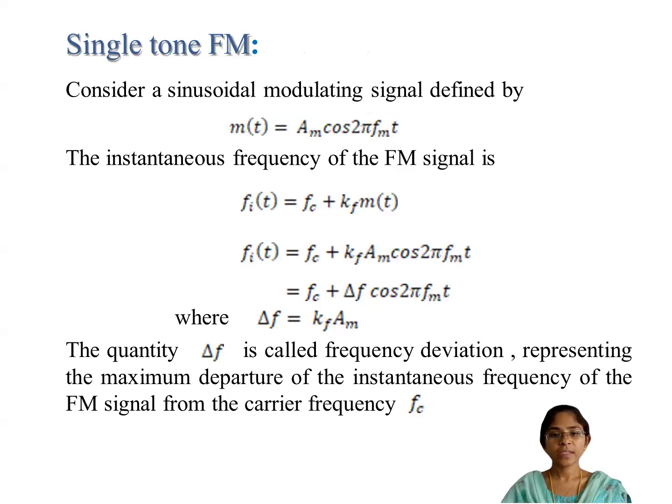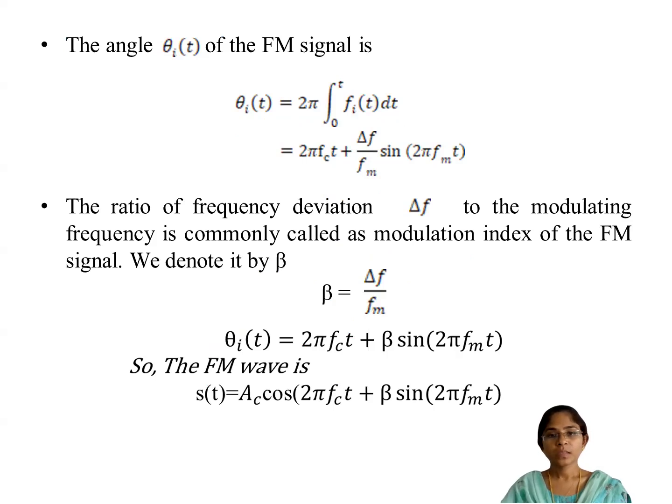Integration of cos is sine 2 pi FMT divided by 2 pi Fm. Here the 2 pi gets cancelled. So the resulting expression is 2 pi FCT plus delta F by Fm into sine 2 pi Fm t. This delta F by Fm is known as the modulation index, which is represented as beta. So beta is equal to delta F by Fm.